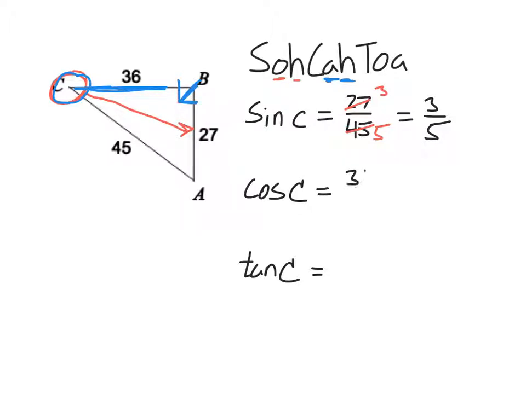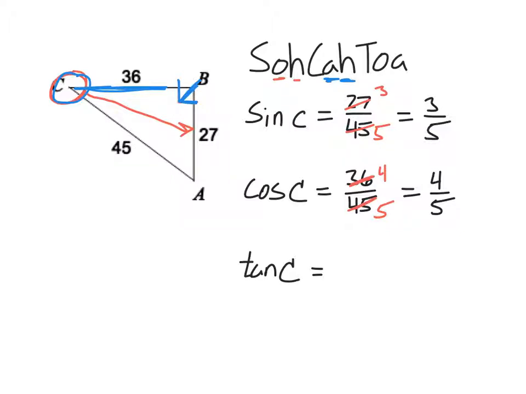So then adjacent over hypotenuse. Again, 9 goes into both of those. 9 goes into 36 4 times, and 9 goes into 45 5 times. And so the cosine of angle C is 4/5.